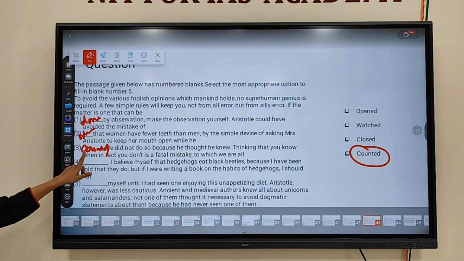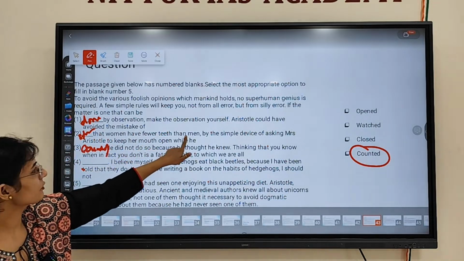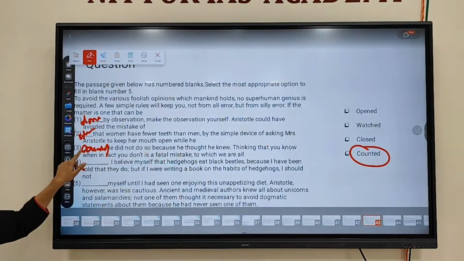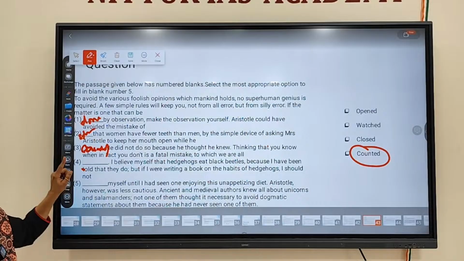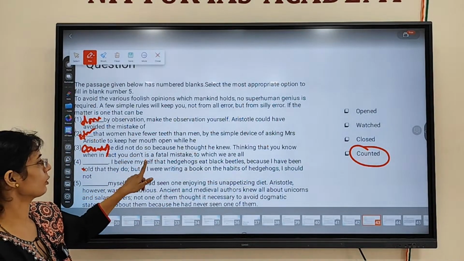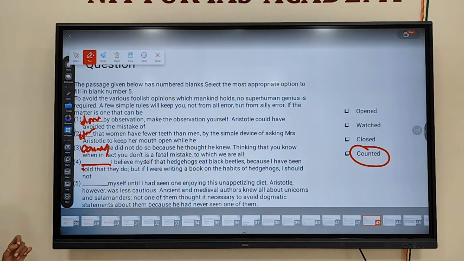Women have fewer teeth, but by simple device, by asking Mrs. Aristotle to keep her mouth open while he counted, he did not do so because he thought he knew. Thinking that you know when the fact is you don't, is a fatal mistake to which we all are prone.